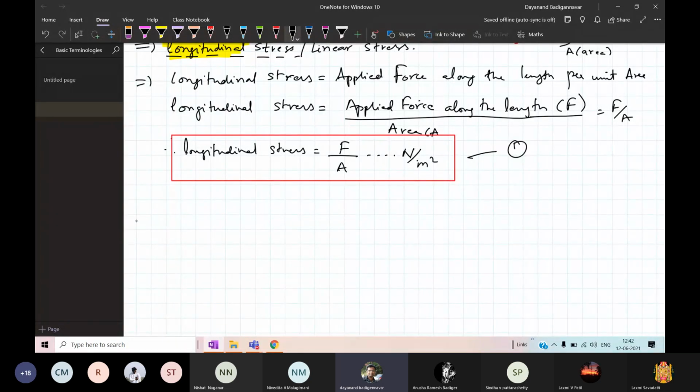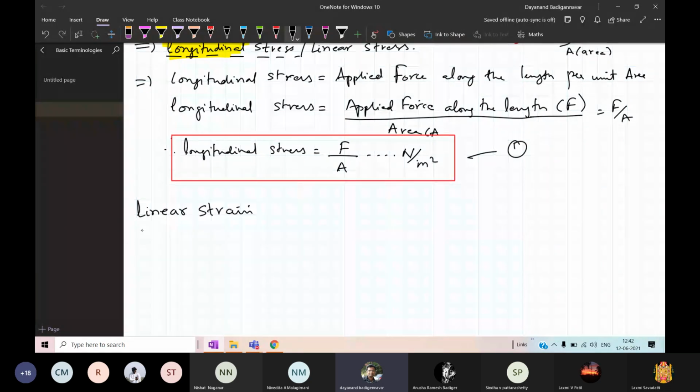Similarly, go for the strain. I can define strain, but I cannot just simply write it as a normal strain. Which type of strain? That is known as the linear strain. The second term that you should know is the strain.